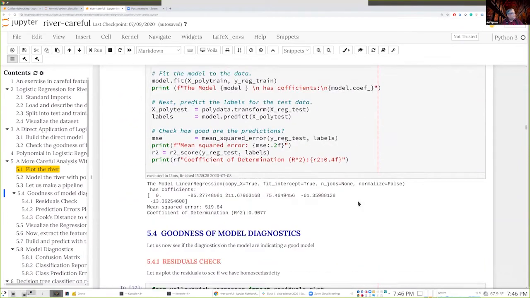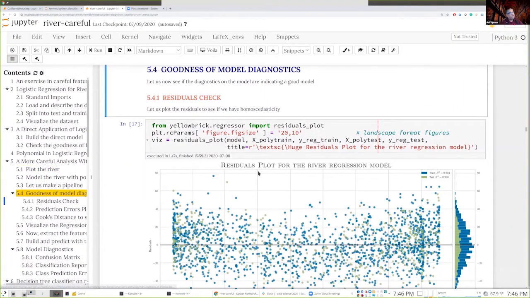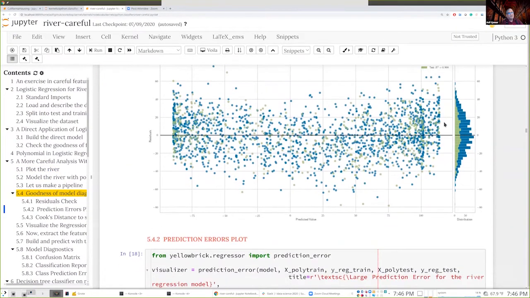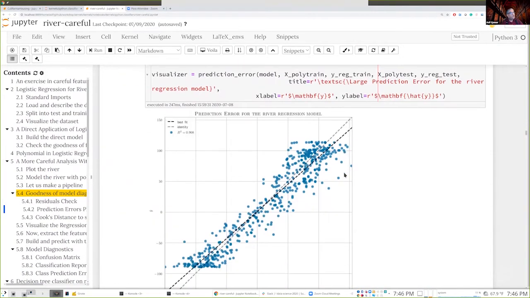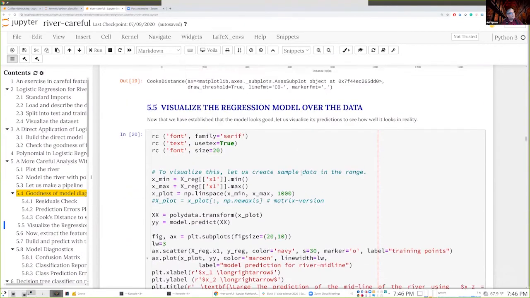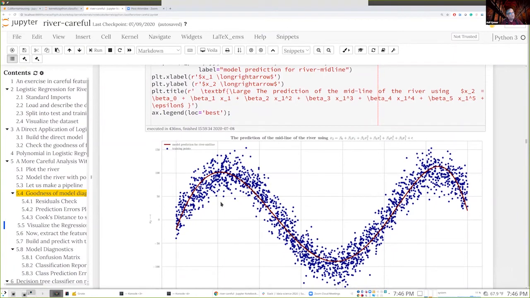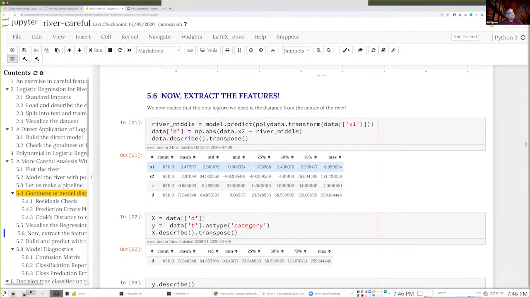Because if you remember, the goodness of this model was, if you looked at how well this model was, the residuals were perfect if you get this approach. And with this, we got a perfect map of the river, and from there, when we did the feature extraction, this was our goal.